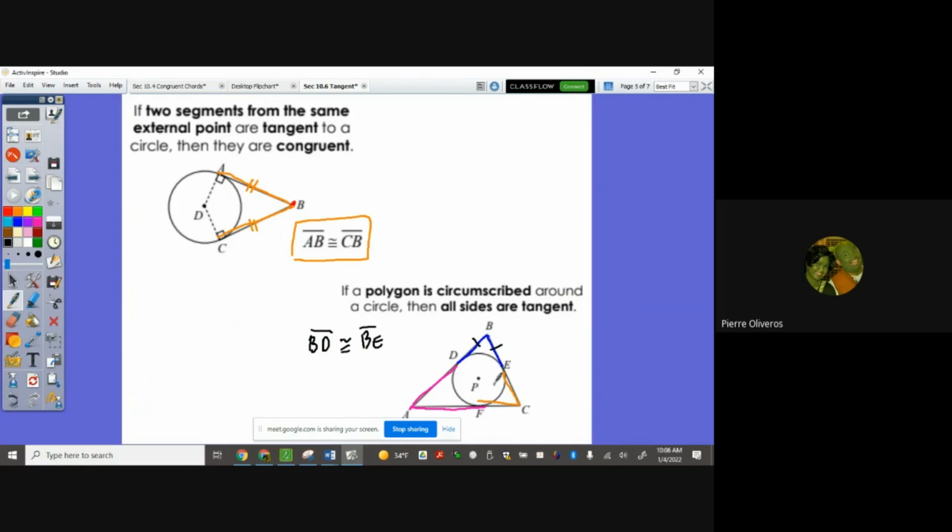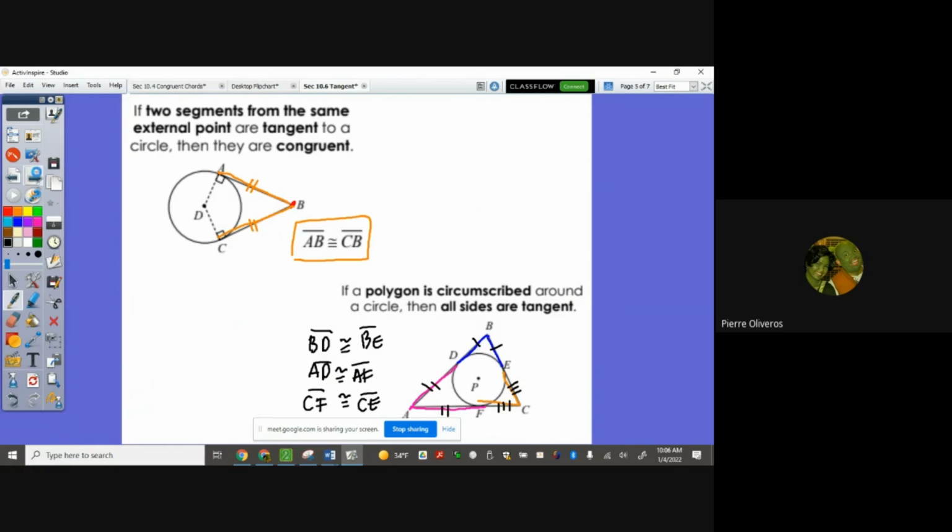These two here are congruent. Likewise, AD is congruent to AF. Likewise here, CF is congruent to CE.